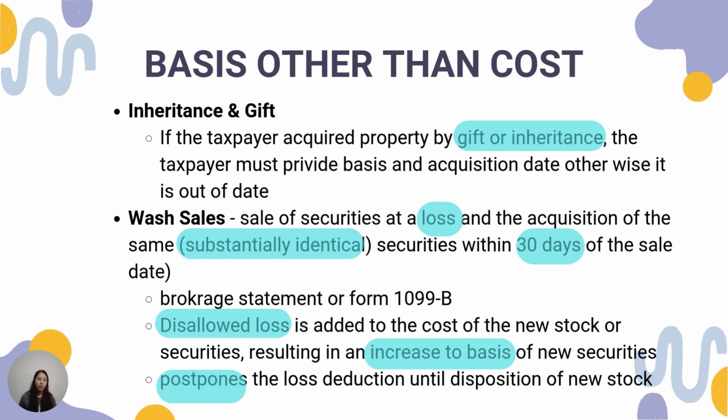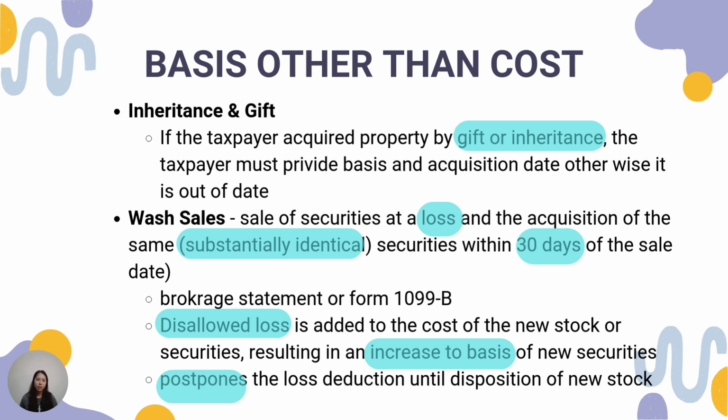If they acquired this property by gift or inheritance, the taxpayer must provide the basis and acquisition date. Otherwise, it's out of date and out of scope. So if you're a VITA volunteer trying to prepare a tax return for inherited property, you can't do this unless they provide you the exact basis.